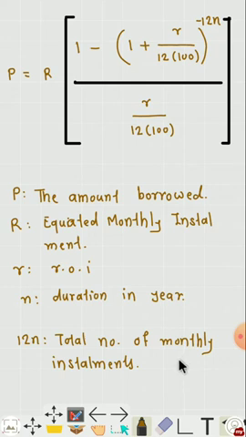Since P, r and n are given, we can find R, which is the required equated monthly installment.